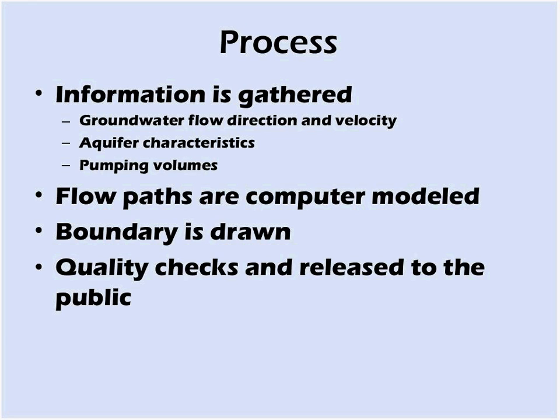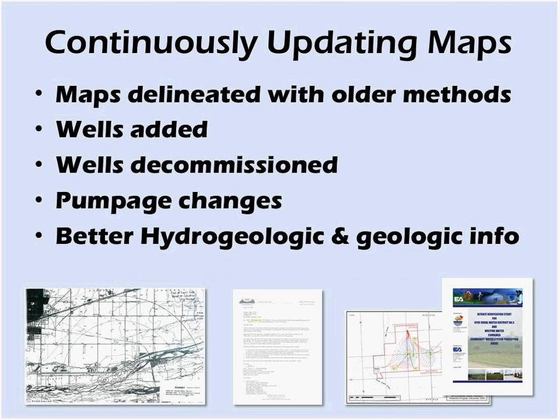Eventually, this is then checked and compared with historic boundaries and flow directions, and then maps are sent out to various agencies and respective public water systems with the boundaries included. We update wellhead protection area boundaries and publish associated maps as wells are added, as wells are decommissioned or pumpage changes, and as better hydrogeologic and geologic information is obtained.